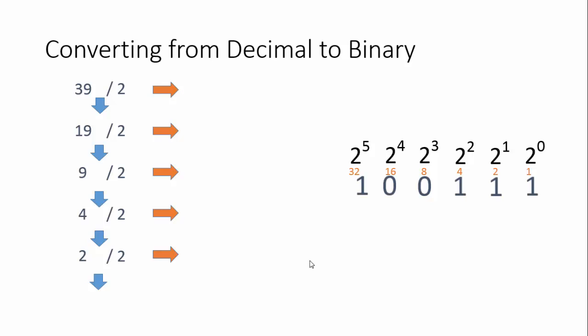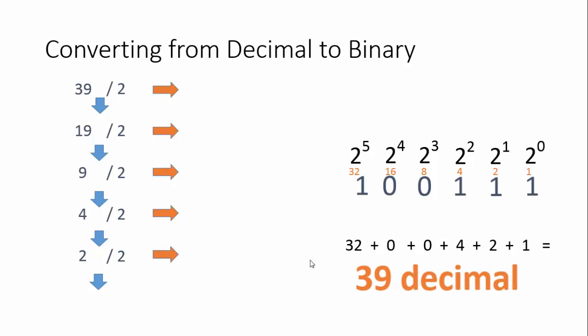I have my 1s column, my 2s column, my 4s column, my 8s column, my 16s column, and my 32 column. So when I add up all those numbers together, I have 32 plus 0 16s plus 0 8s plus 1 4 plus 1 2 plus 1 1, which gives me a total of 39 decimal.